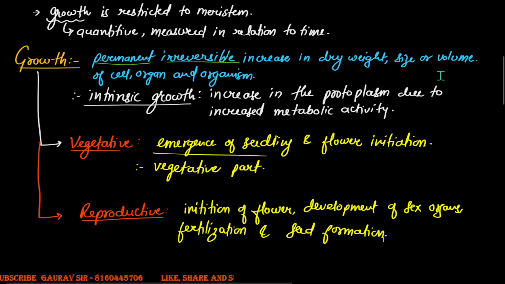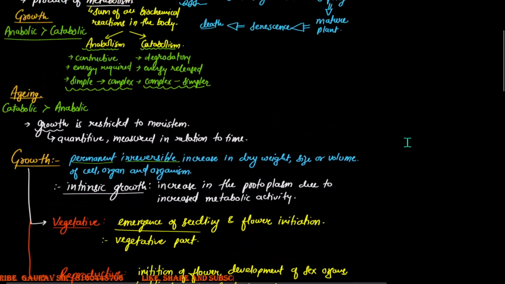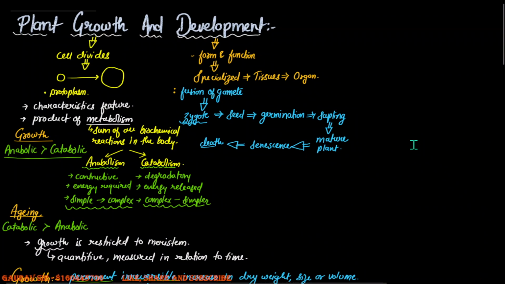So just let's have a brief recall of whatever we have done in this video. First we talked about what is growth, and then we discussed what is development. Growth happens when there is an increase in the size of the cell, whereas development is when the newly formed cells, once they have undergone elongation, would take up fixed form and shape to become a specialized group of cells in the form of tissue or organ, right?